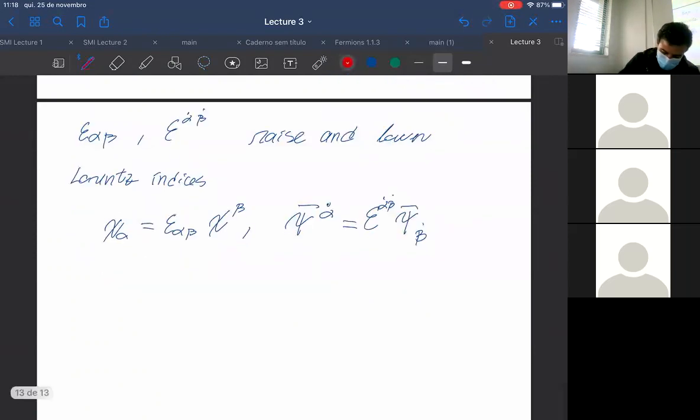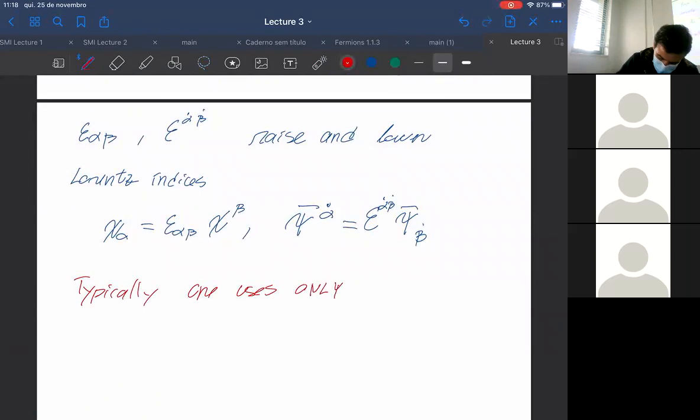So typically one uses only left-handed Weyl spinors.